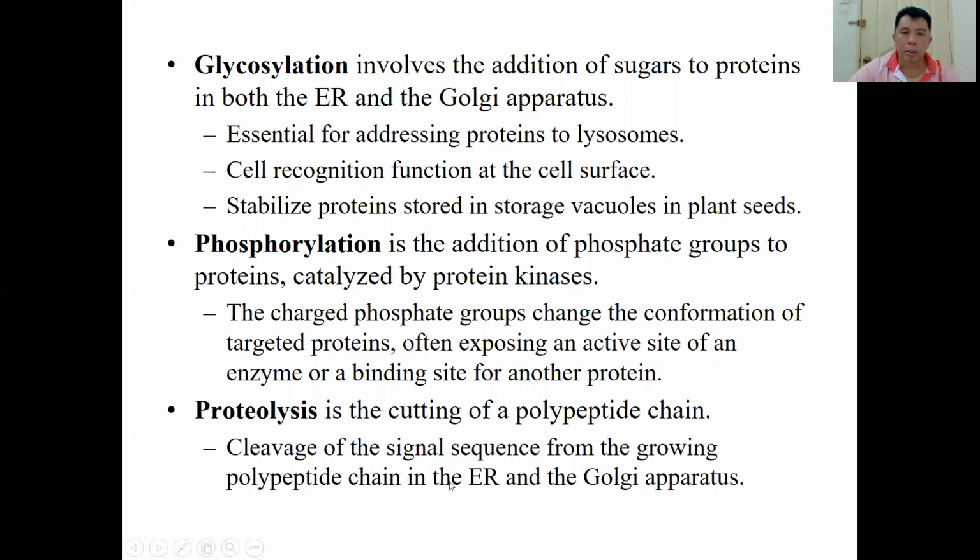So proteolysis is the cutting of the polypeptide chains. So the cleavage of the signal sequence from the growing polypeptide chains in the ER and the Golgi apparatus. So these three processes we can categorize as modifications and processings of the polypeptide that received from rough endoplasmic reticulums.